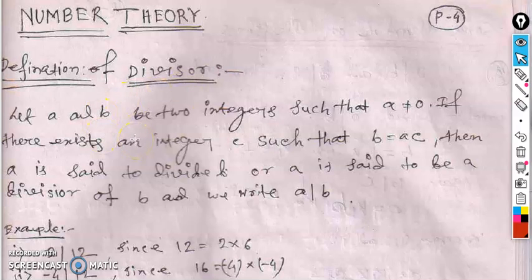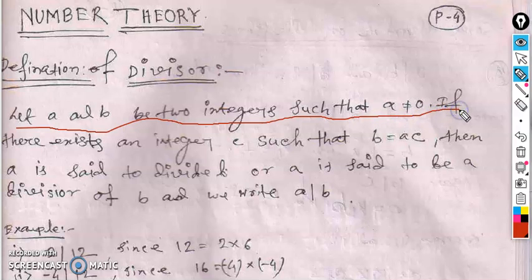According to any standard book, the definition is: let a and b be two integers such that a is not equal to 0.